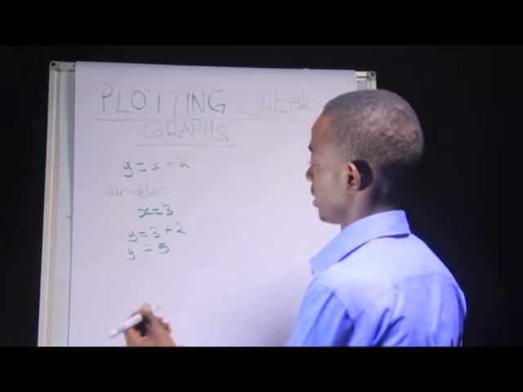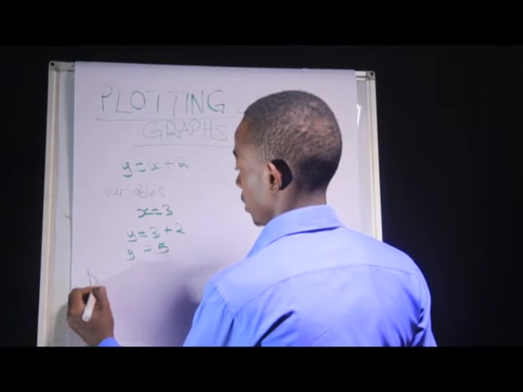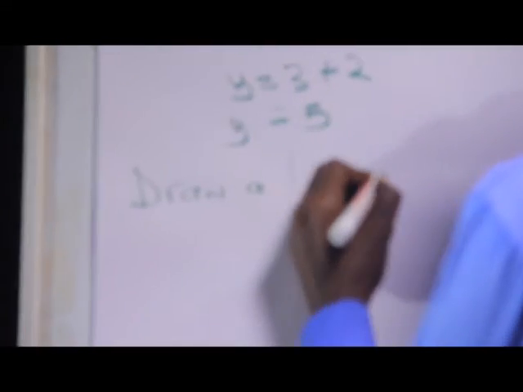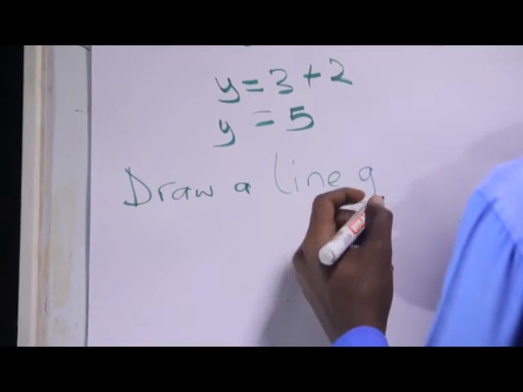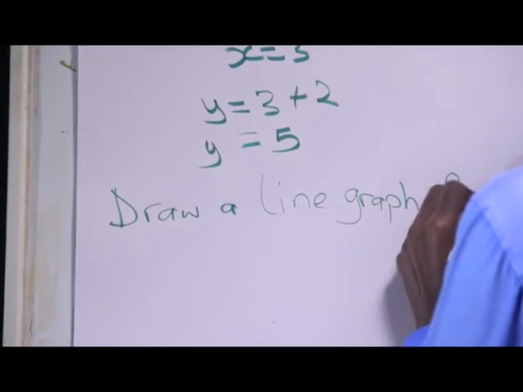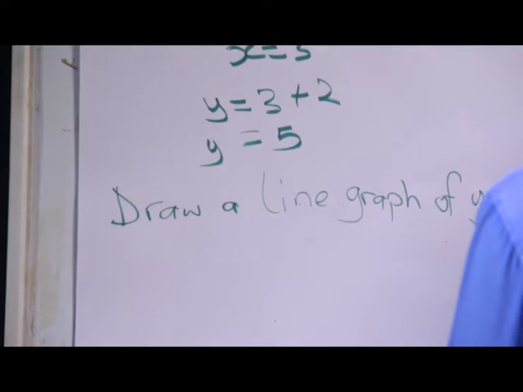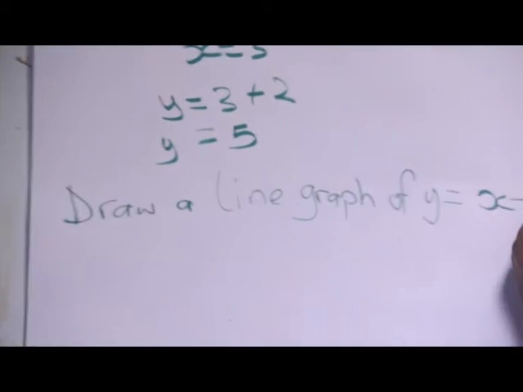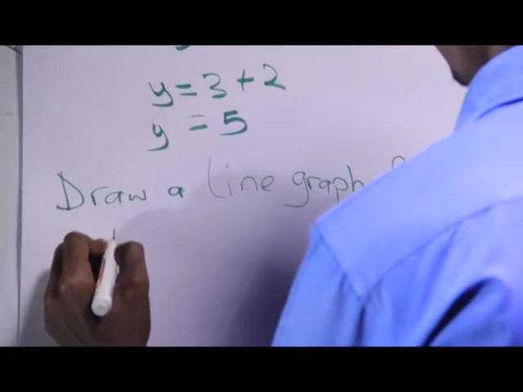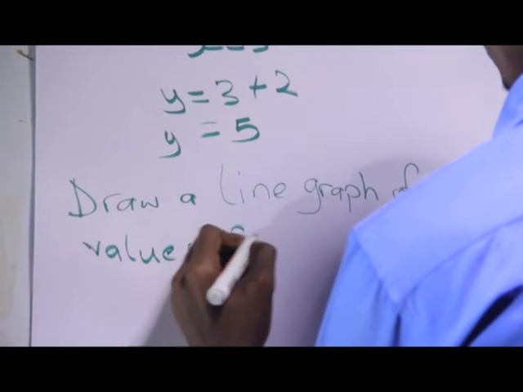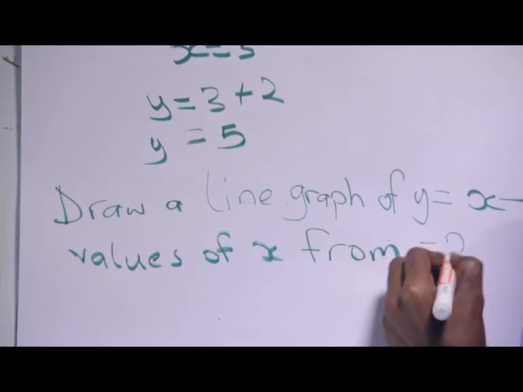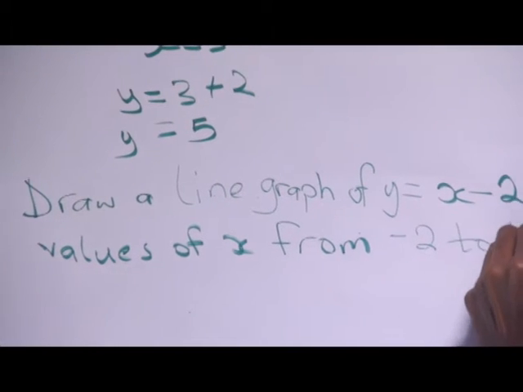For example, the question may say, draw a line graph of y is equal to x minus 2 for values of x from -2 to +2.